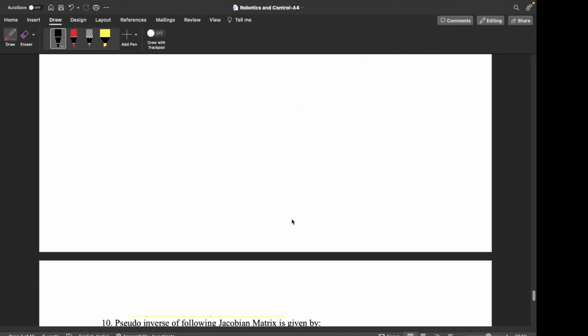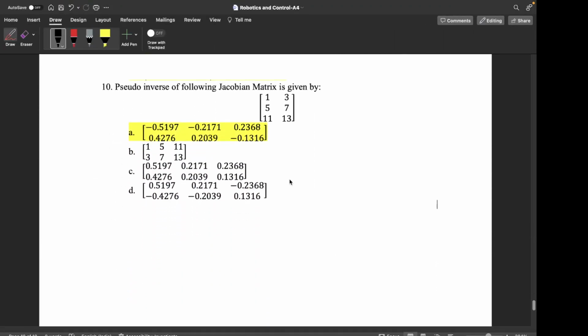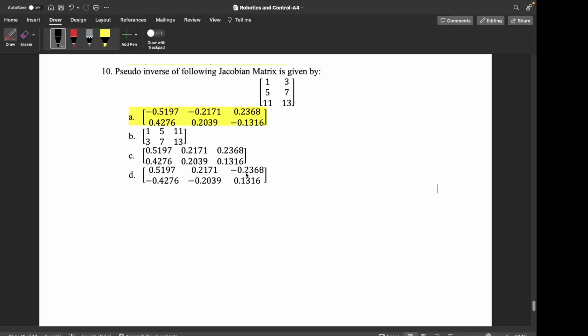So I think we have one more question, and just enough time for this. Again, it's a formula-based question to compute the pseudo inverse of a matrix. So why do we use pseudo inverses? Because not all matrices are invertible. An inverse can only be found for square, non-singular matrices.